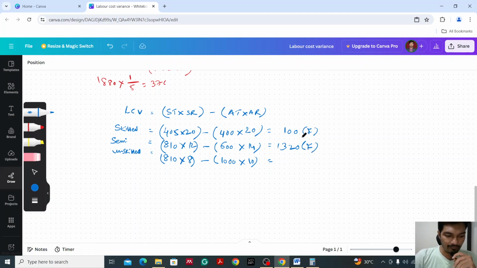And similarly this value we are getting in negative, 3520 in adverse.